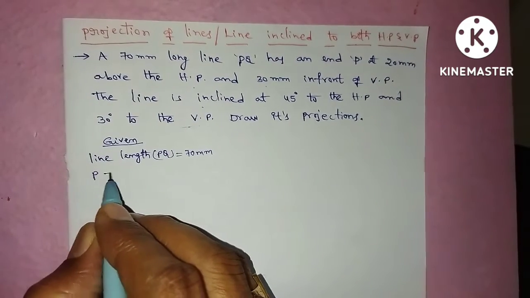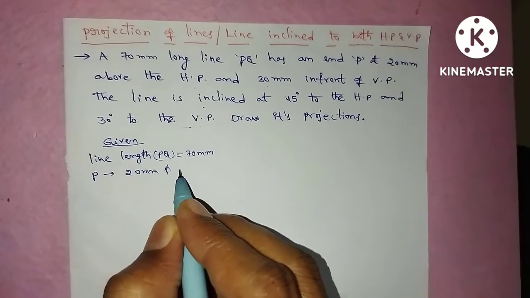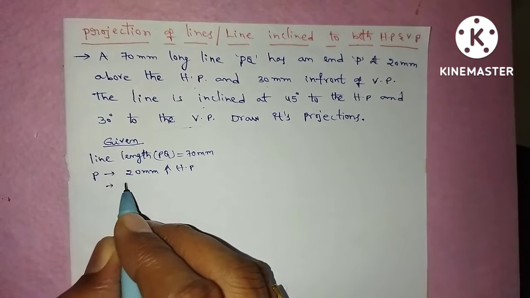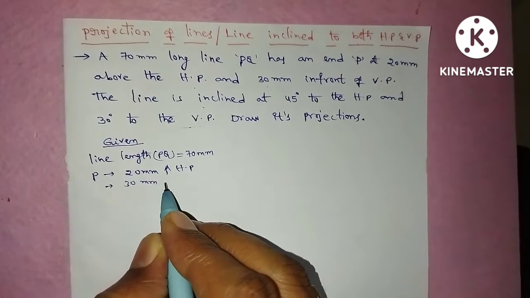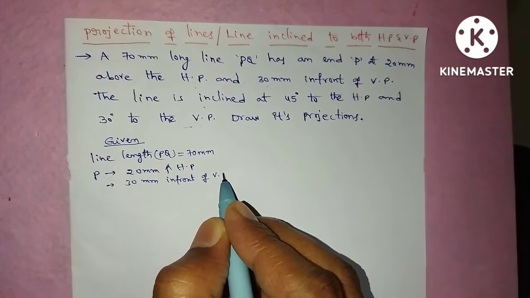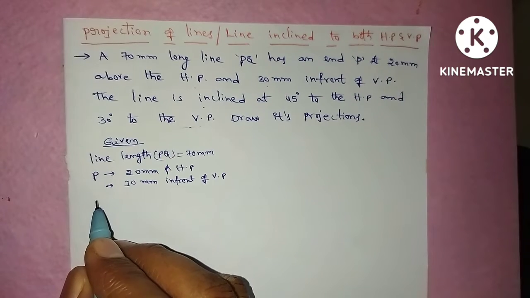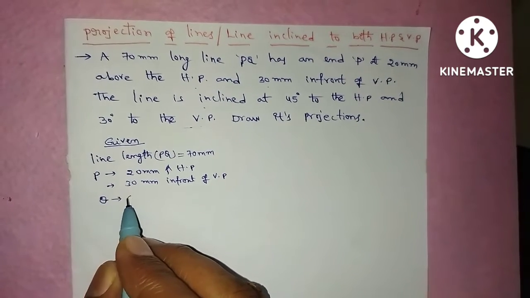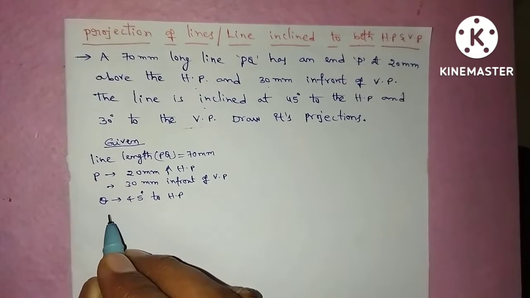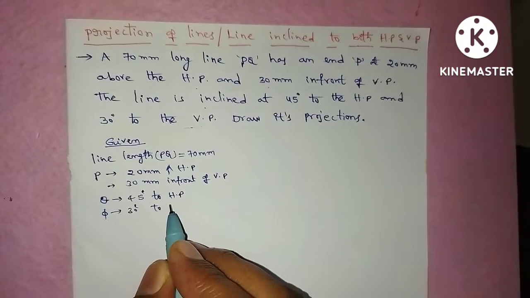One end P is at a distance of 20 mm above the HP and 30 mm in front of VP. So the line is inclined to HP and inclined to VP. So theta is equal to the inclination to HP, that is 45 degrees, and phi is the inclination to VP, that is 30 degrees.